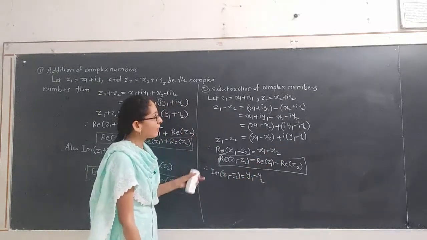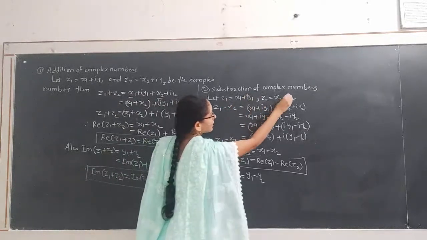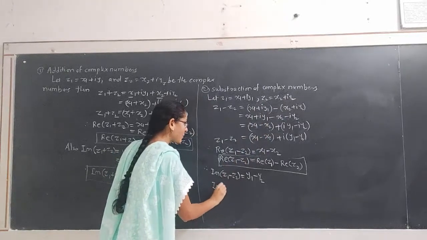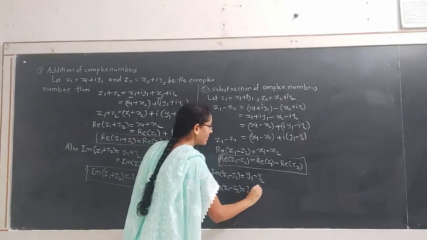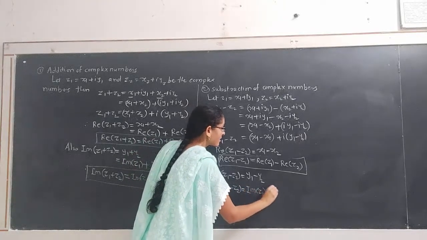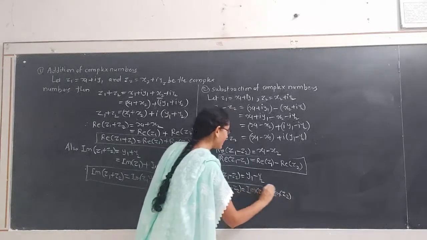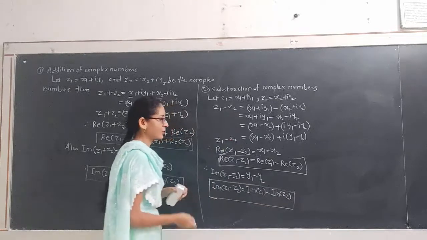But y1 is the imaginary part of z1 and y2 is the imaginary part of z2. Hence, the imaginary part of z1 minus z2 is equal to the imaginary part of z1 minus the imaginary part of z2. This is one more result for the subtraction of z1 minus z2.